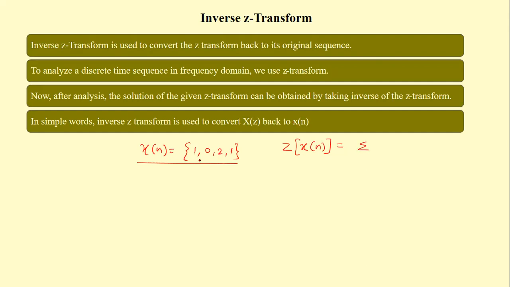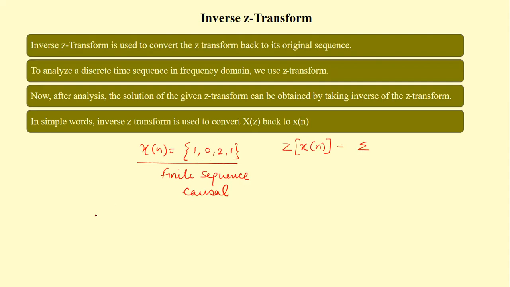Now, this is a finite sequence, and this is a causal sequence basically. Now, since no identification is given here whether it is causal or non-causal, by default we have to consider a given sequence as causal unless an arrow is given.